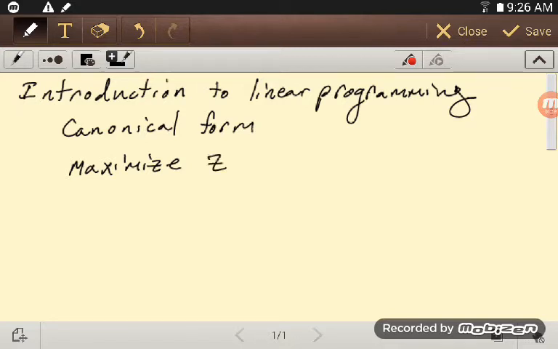So maximize z equals 3x1 plus 2x2 plus 5x3, something like that. But notice this is linear, okay, so linear programming. The program part, it's not that you're coding when you make this model.